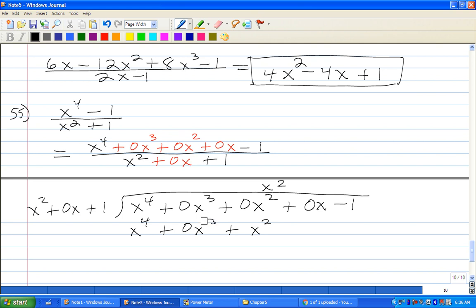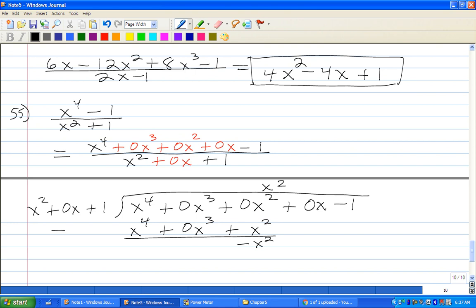And now let me subtract. x to the fourth cancels. 0x cubed minus 0x cubed is 0x cubed. 0x squared minus x squared is a negative x squared. Now, let me bring down the terms.